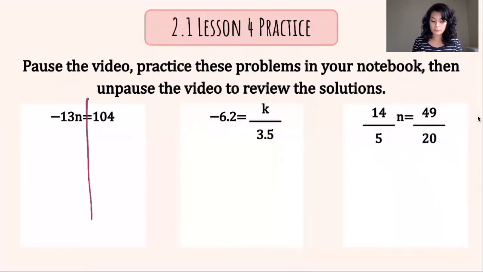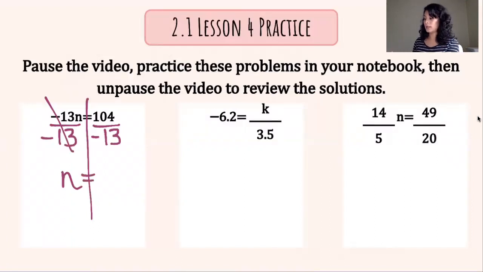For the first example, you should have divided both sides by -13. These are going to cross cancel, and I'm just going to double check really quick with my calculator. 104 divided by -13, you should have gotten -8 as your quotient.